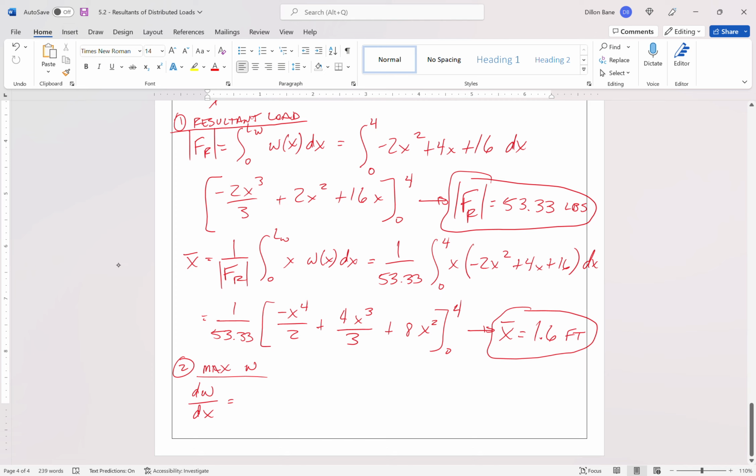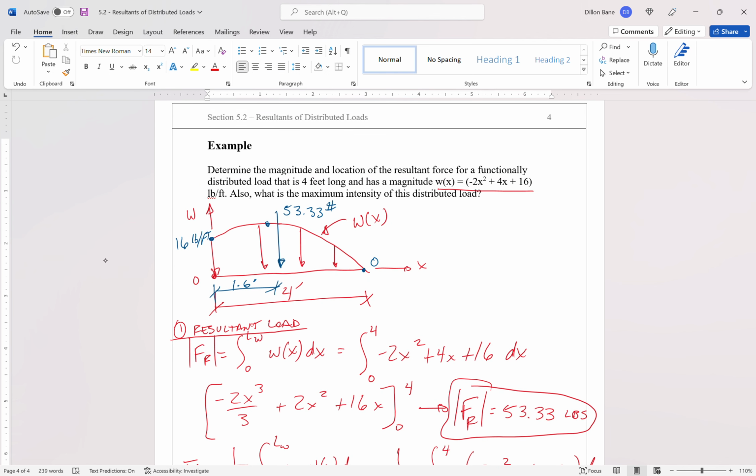Set that equal to 0 and solve for it. So dW dx equals 0. When we solve for that, x must equal 1 foot. So the maximum location is at 1 foot from the left end.